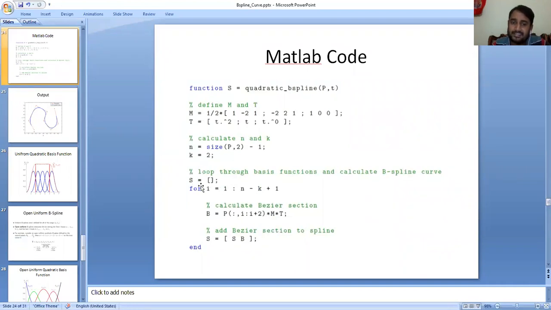Initially the spline is empty and we are taking from 1 to n minus k plus 1 splines. And this is the number of times we are calculating the spline.